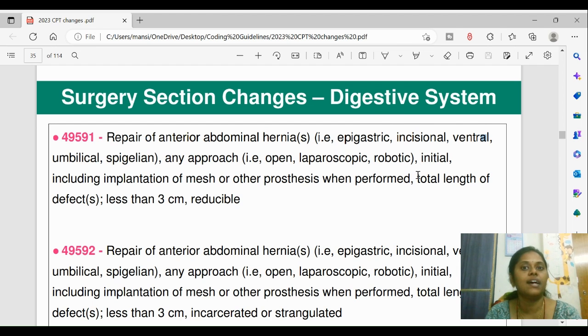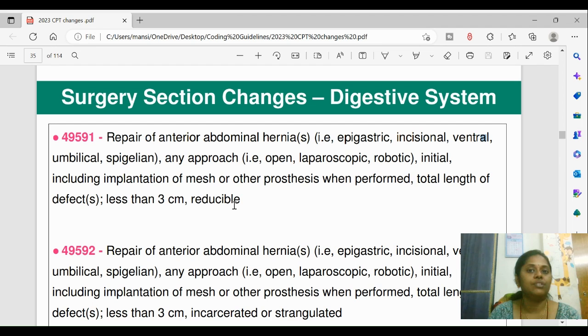Initial means the first time this hernia is happening to the patient, including implantation of mesh or other prosthesis when performed. Total length of the defect less than 3 centimeters, reducible. If it is a reducible hernia, less than 3 centimeters, and it is the initial hernia repair.